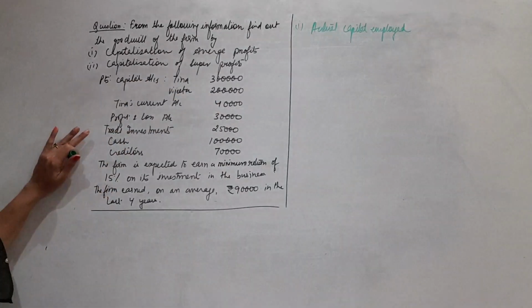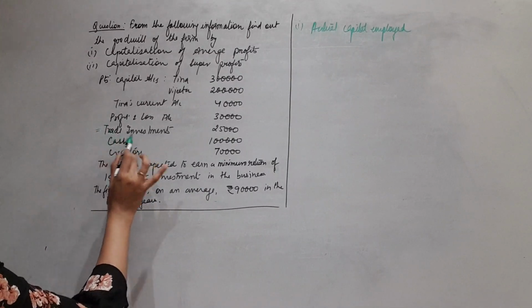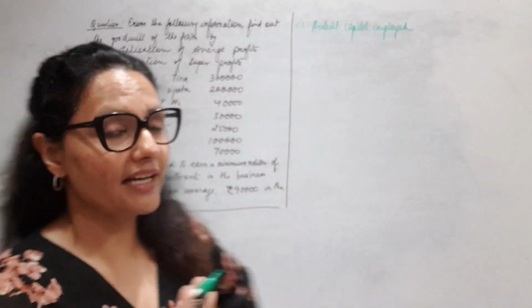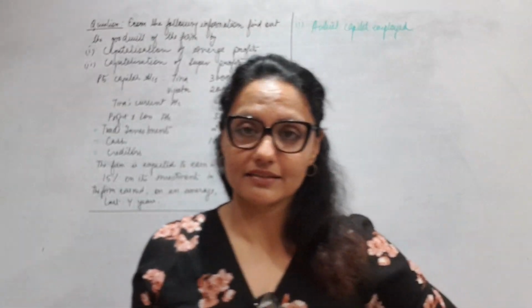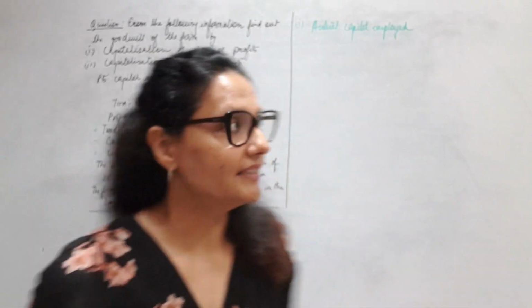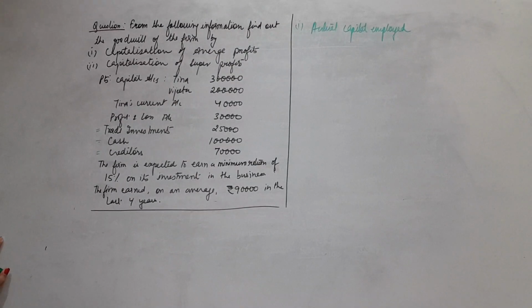I have the asset side. From the asset side, I have information about trade investment, cash and creditors. Do I have information about other assets? No. Can I find out? No. Right. So here we are talking about finding capital employed using your liabilities side approach.